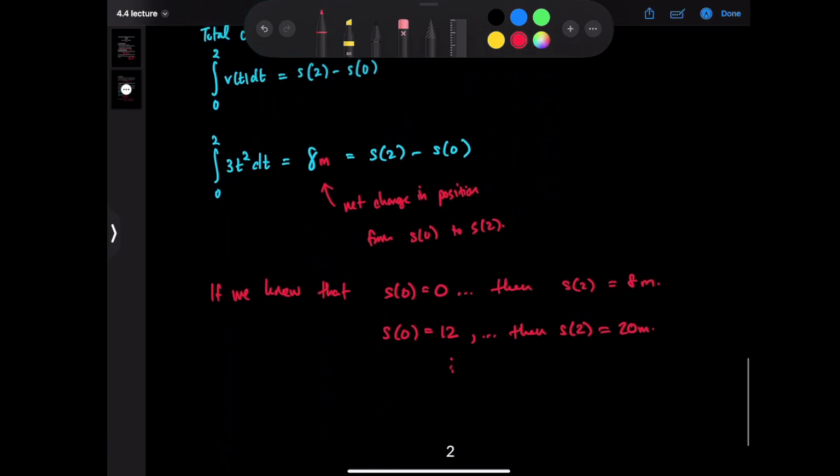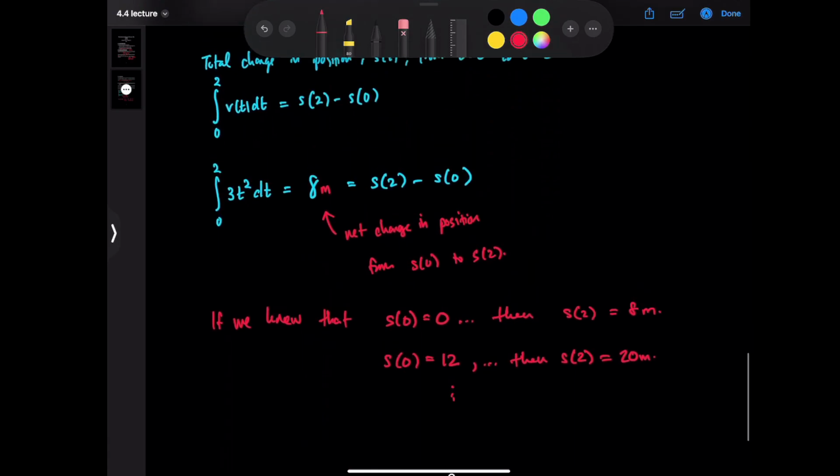So this gives us the net change. And if you wanted to solve a problem that asked you about either one of these values, you'd need to know one of them, because otherwise you have too many unknowns. So you'd need to know either the starting value or the ending value of this function.